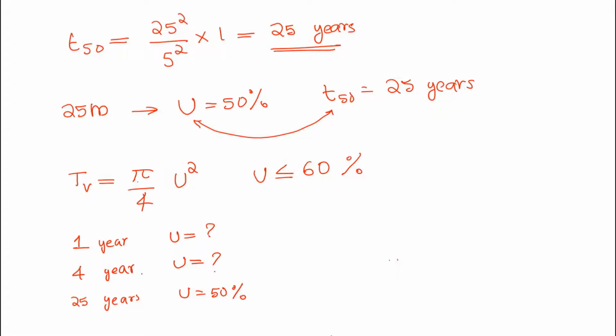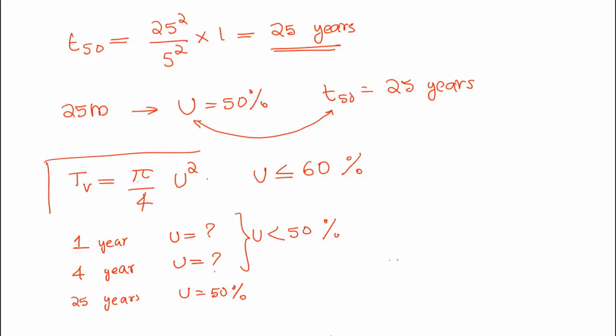Definitely for 1 year and 4 years, the degree of consolidation will be less than 50%, right? It will be less than 50% for both because it will take 25 years to reach 50% consolidation. So for 1 year and 4 years, it will reach maybe 5, 10, 20, 30, I don't know, some percentage which will definitely be less than 50%.